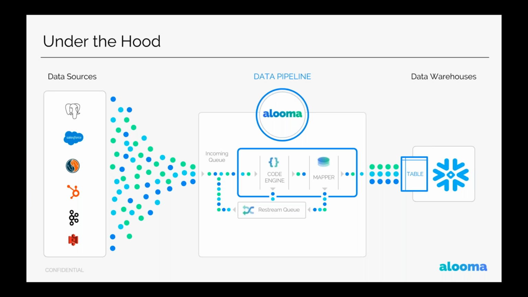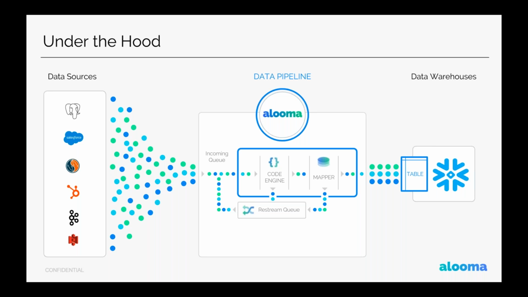So we can have things like a sliding window where we want to perform aggregates on how many sales we had in the past hour for each geography, and then spit out the aggregated result forward. The code engine is actually the heart of the data pipeline. If the data does not need any processing, it could just go through. But if any enrichment or transformation needs to be done on the data, this is where it's being done.